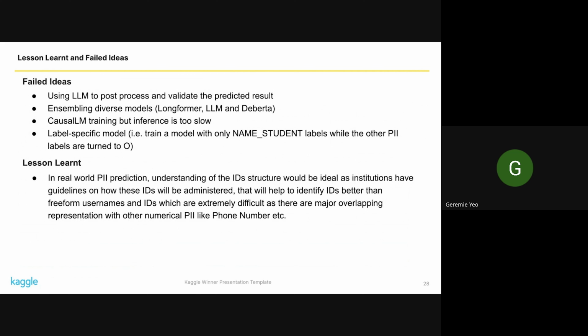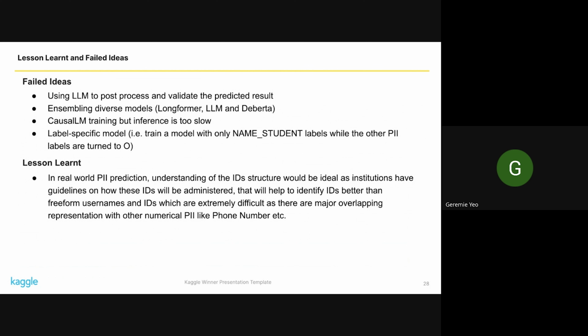Last but not least, some of our failed methods include using LLMs for post-processing and classification. We also tried label-specific models, but they ended up making the same mistakes as those models trained on 13 labels. One example is the English name Art Street, where both methods always fail to predict.